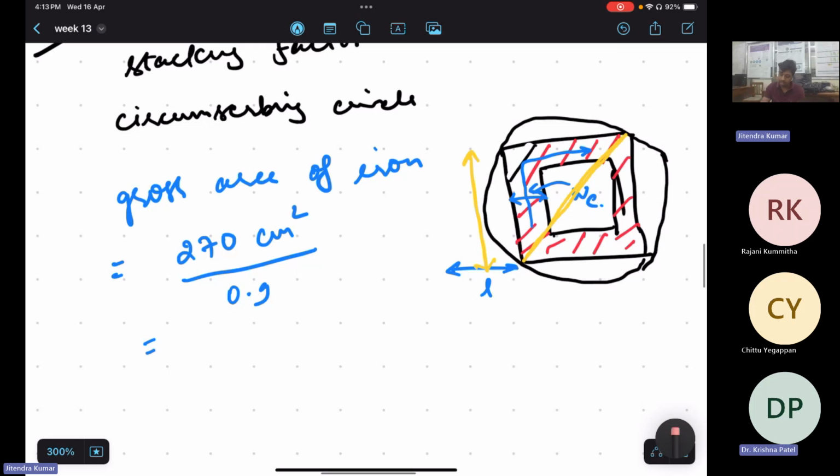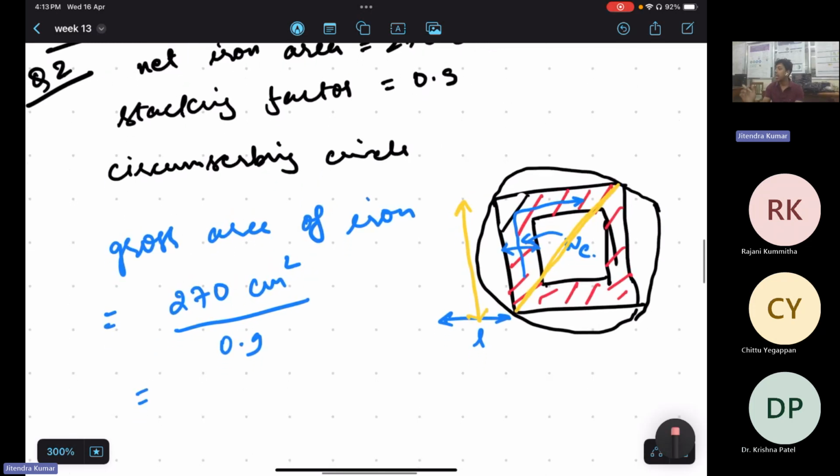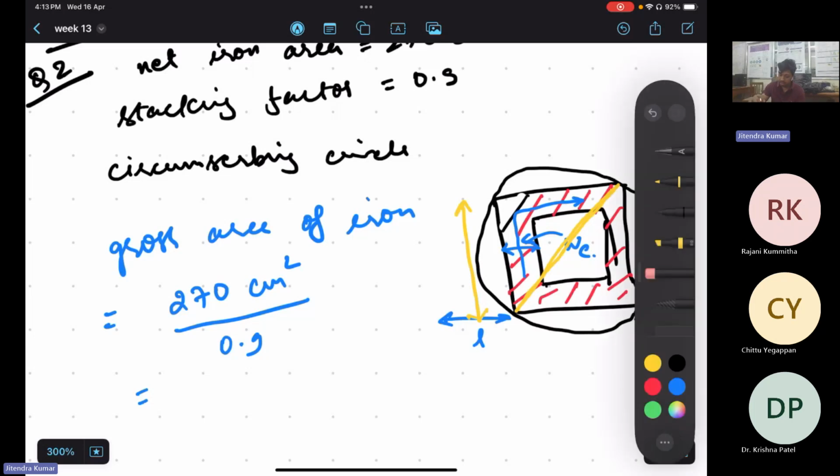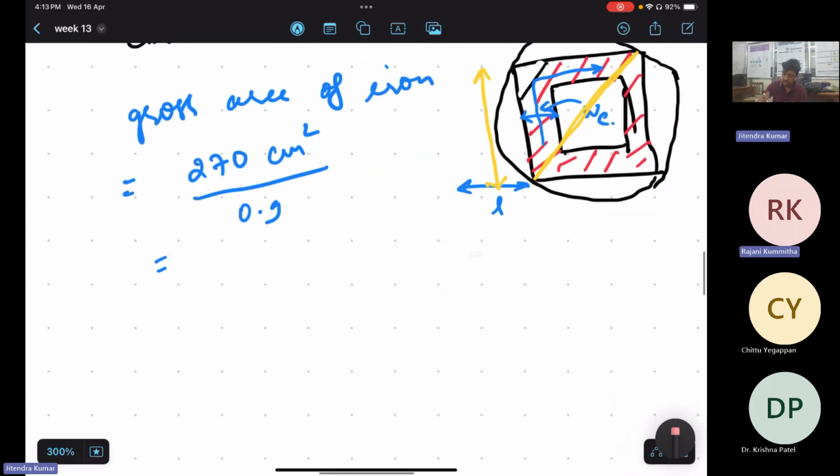But since they are mentioning here directly, in the bracket section, that information I did not see, the gross area of iron will be equal to 0.8 times the area of the circumscribing circle.